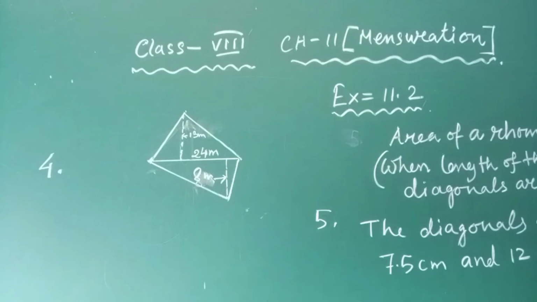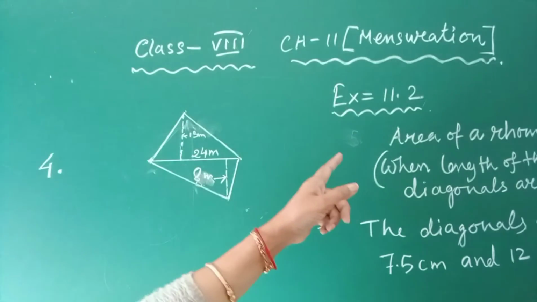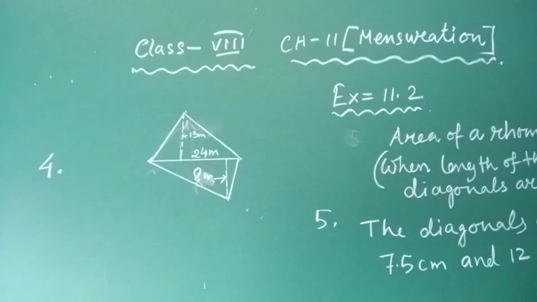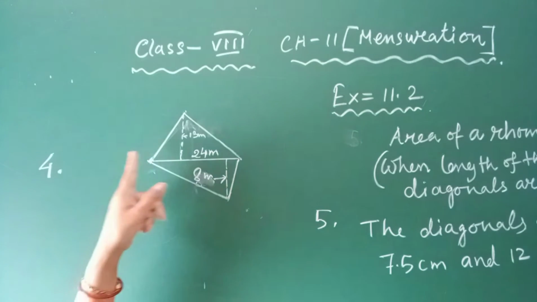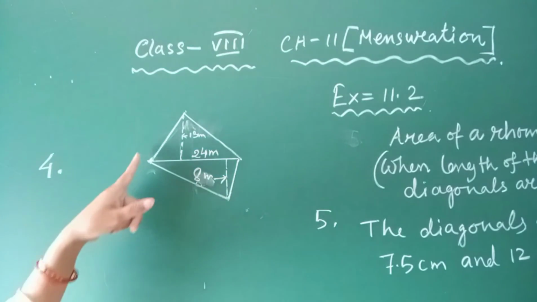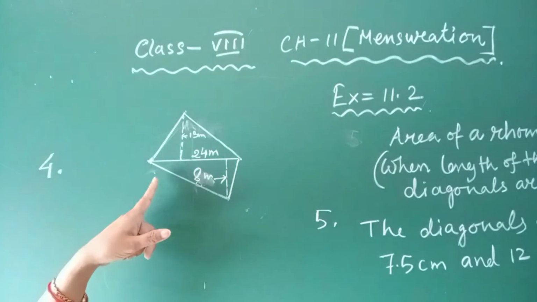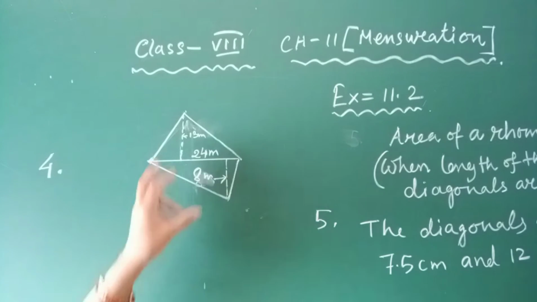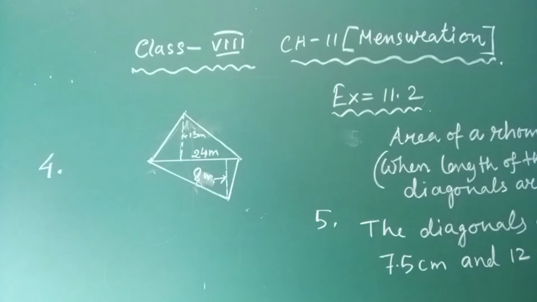Today we will do question number 4 from exercise 11.2, chapter 11, mensuration. In question number 4, you can see that a diagram is given, a quadrilateral shaped figure, where you need to find the area of the figure.